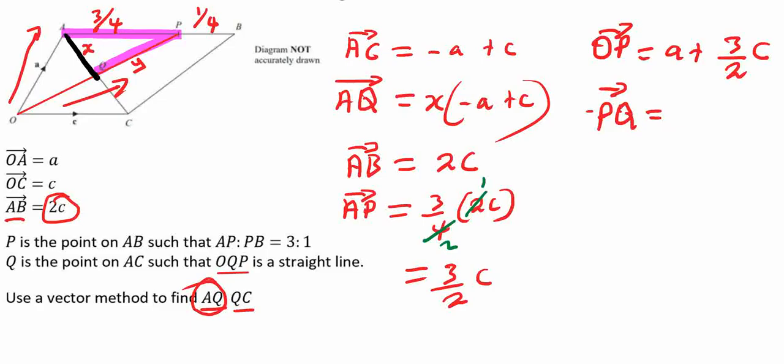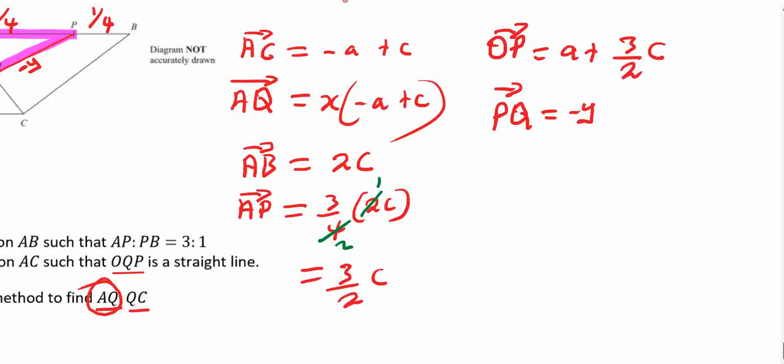So let's take this Y to be negative. This will become negative Y times OP, which is A plus 3 over 2C. Let's leave it the way it is right now. So we have PQ now to be this.